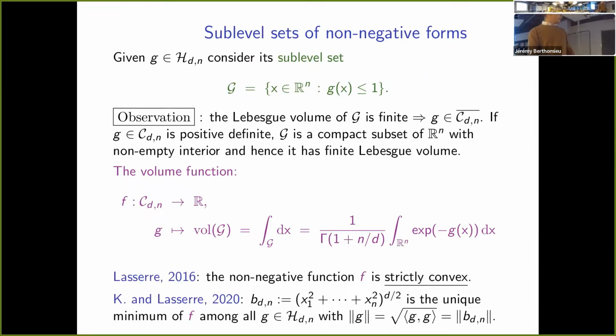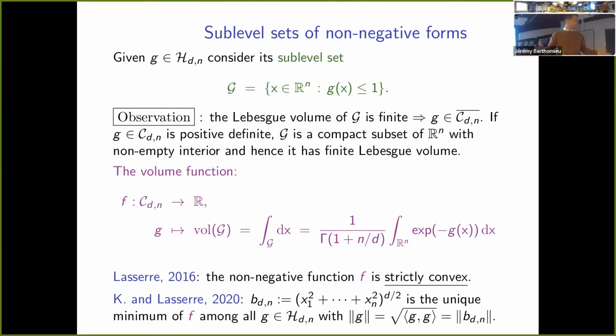In 2016, Jean Bernard, among other properties, established that this function is strictly convex on the cone C. And we used this property in 2020 with Jean Bernard to prove that the power of the sum of squares of the variables, that I denote by B_{d,n}, is the unique minimum of the volume function among all forms that have fixed Bombieri norm.